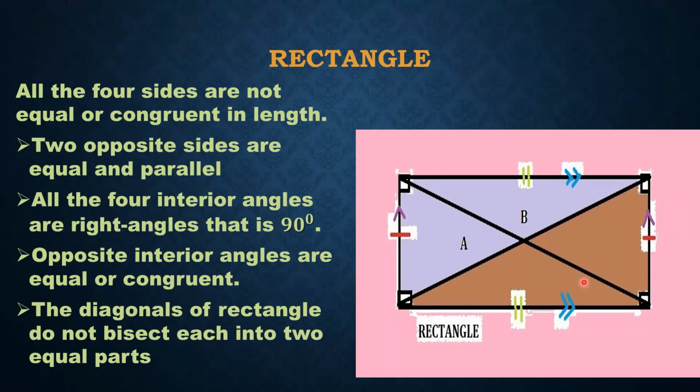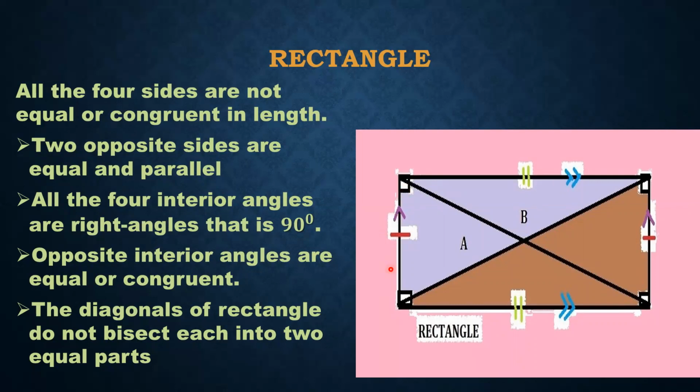And let's see all the four sides here. All the four sides are not equal. Now, per the rectangle that I have before you, all the four sides are not equal, but the opposite sides are the same. That is why this line has two indicators. This line also has two indicators, meaning that the two opposite lines here are the same.